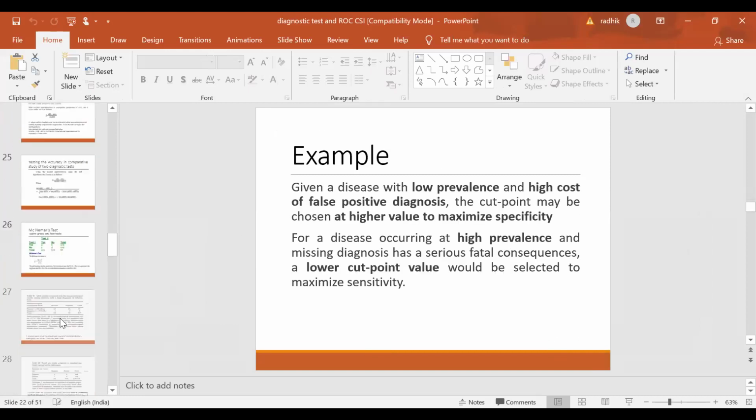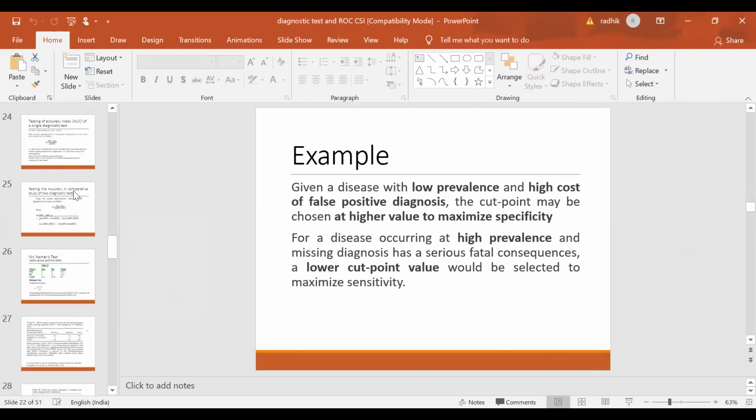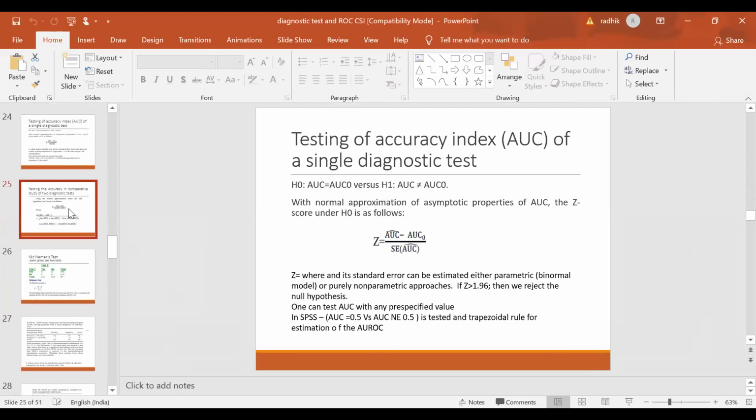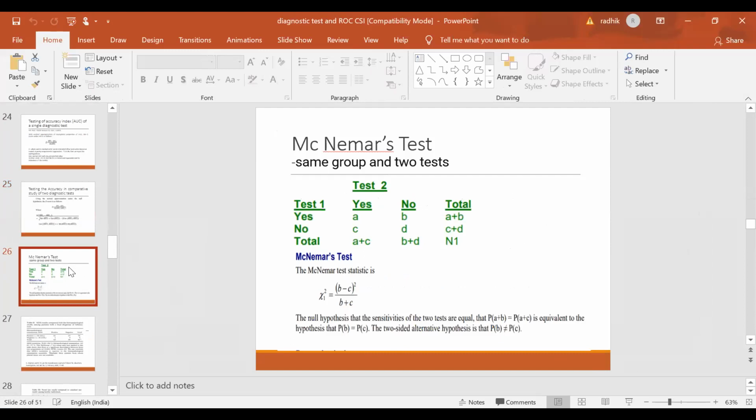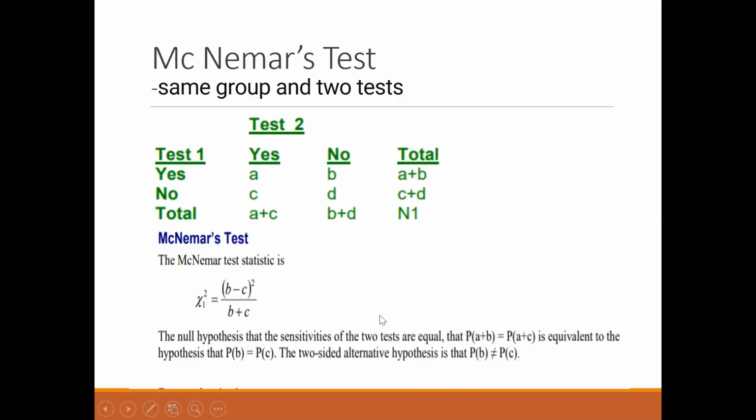Now coming to the next part of analysis. This was about continuous data. The BMI is continuous data, so we used a continuous test there and identified the cutoff value.